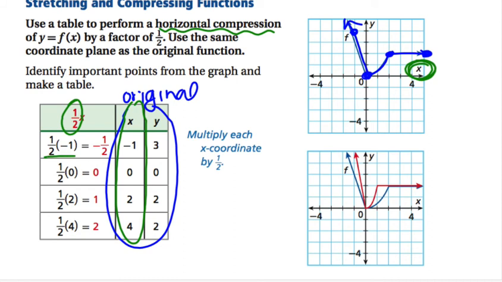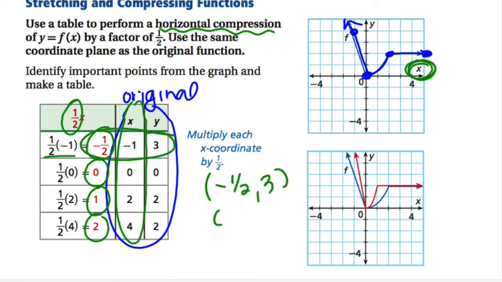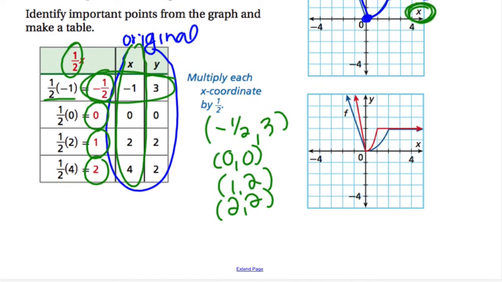So 1/2 times -1 is -1/2. 1/2 times 0 is 0. 1 and 2. So your new ordered pairs will look like this: -1/2, 3, 0, 0, 1, 2, and 2, 2. And that's what you're going to get here in the red.